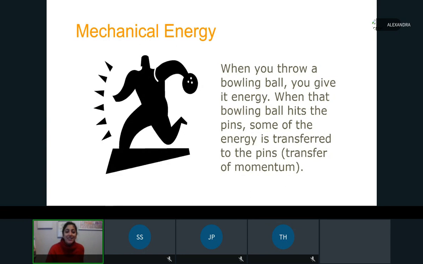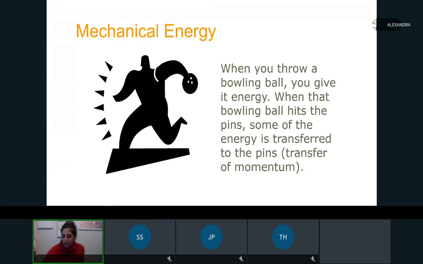So mechanical energy is on the screen. At the very least, we can be writing down mechanical energy. What's another type? Good job, Julie. Yes, Julie, what's another type of energy that we just went over? Good. Yeah, thermal energy or heat energy. Awesome. What about Sam or TJ? What's another one? We have 3 left.